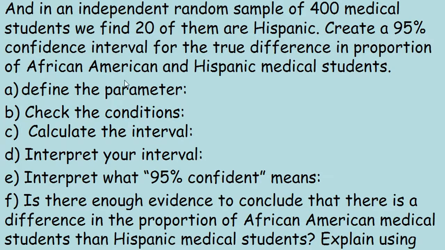Let's create a 95% interval for the true difference in the proportion of African American versus the Hispanic medical students. So we're just going to go through the steps like we did with our previous interval. We need to define the parameter. So practice defining your parameter.